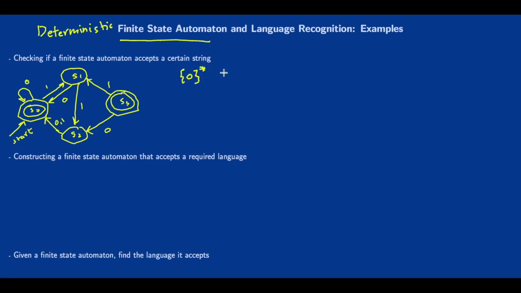So what does this star mean? This means Kleene closure of this set, which is the union for k equal to 0 to infinity of this set to the power of k.